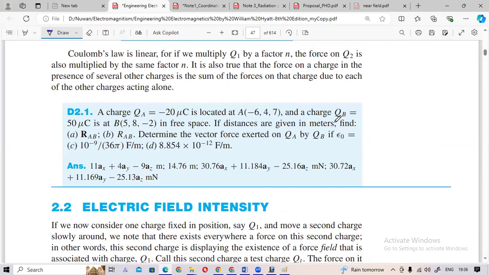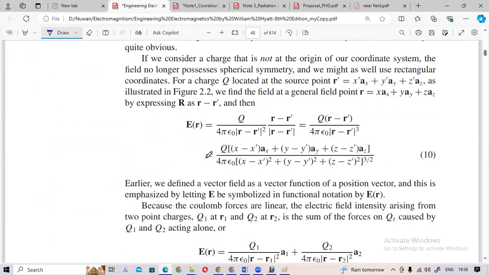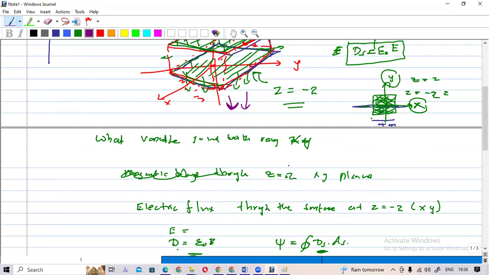Maybe this one. No, I can't remember. Can you remember that? As I can remember, it is just like this.